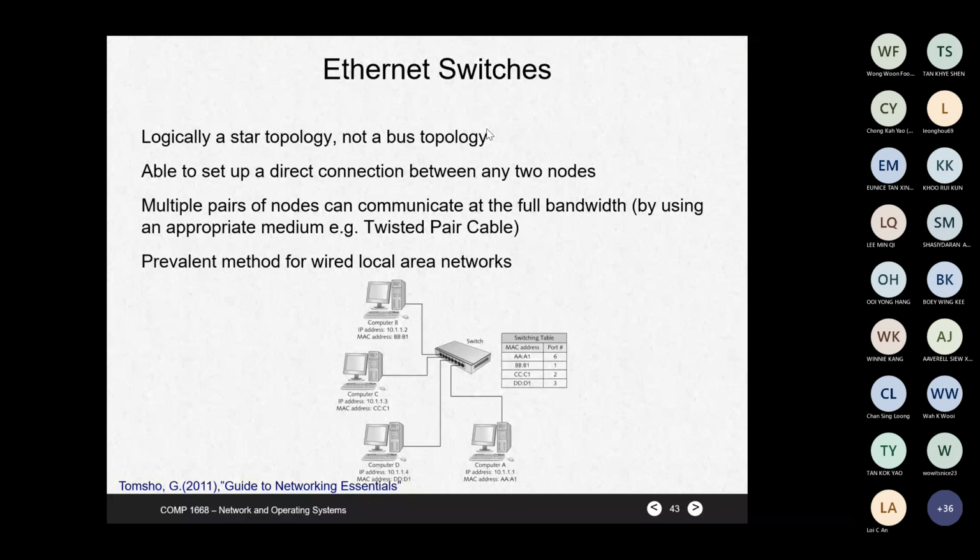All that is basic, but shielded or unshielded, both are twisted. So twisted pair cable, UTP or STP, is normally used for switches, and it's being used even now.